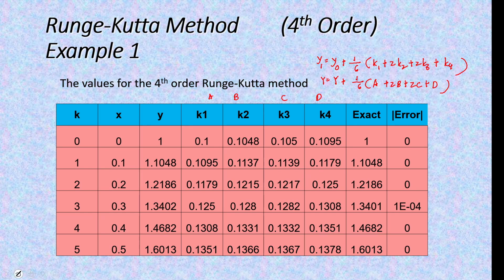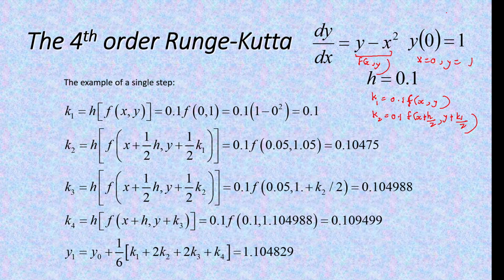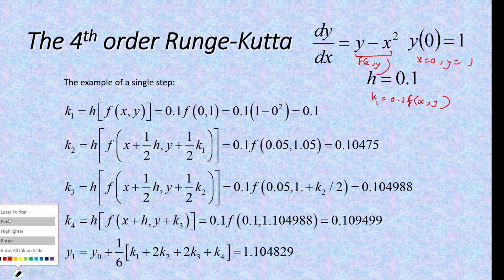So first of all, we look at the first formula to calculate k1. K1 is h, which is 0.1, times f of x, y, which in this case is y minus x squared.